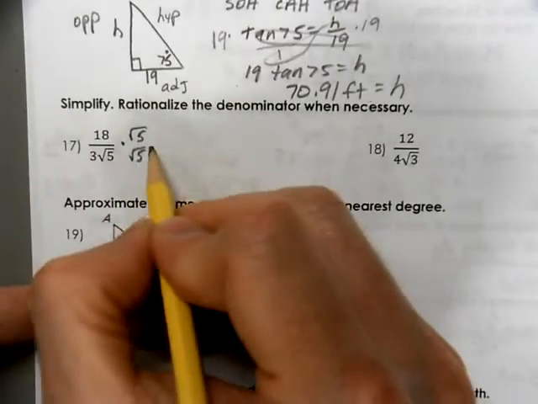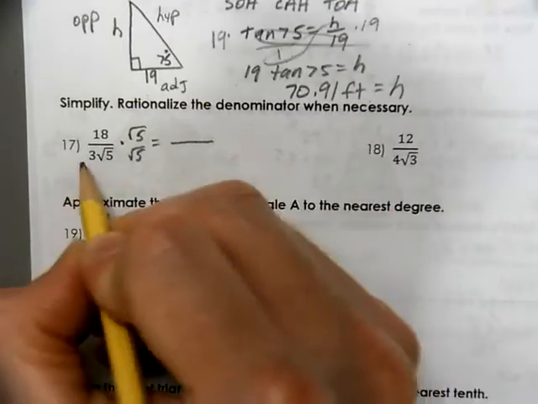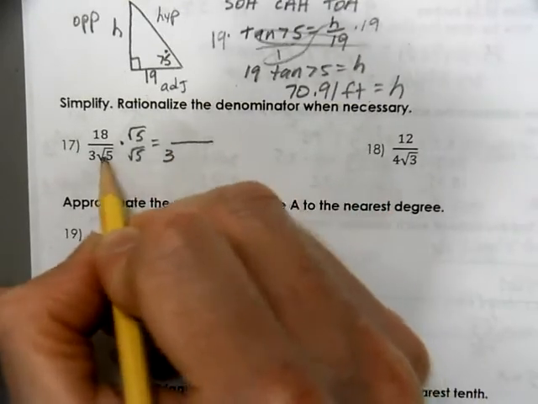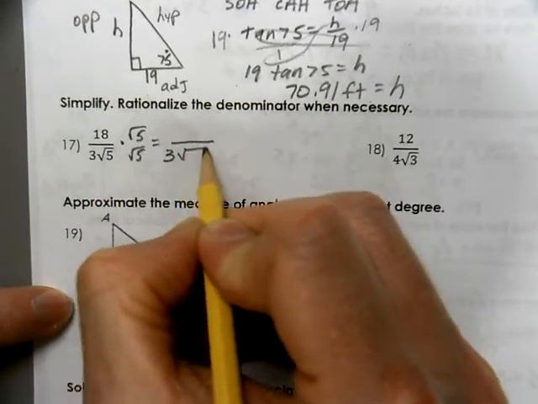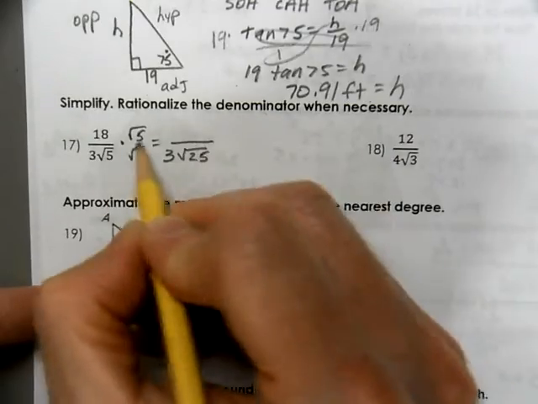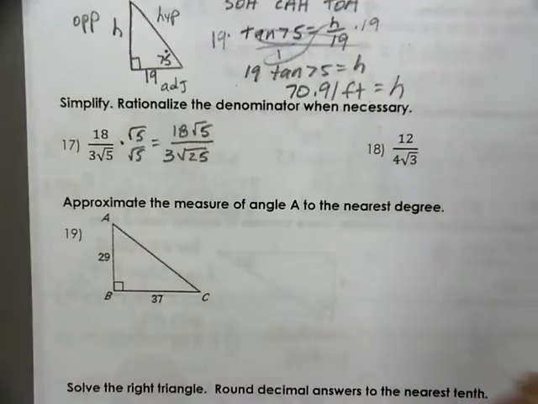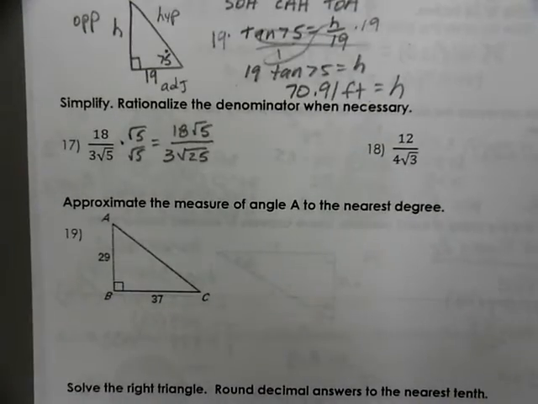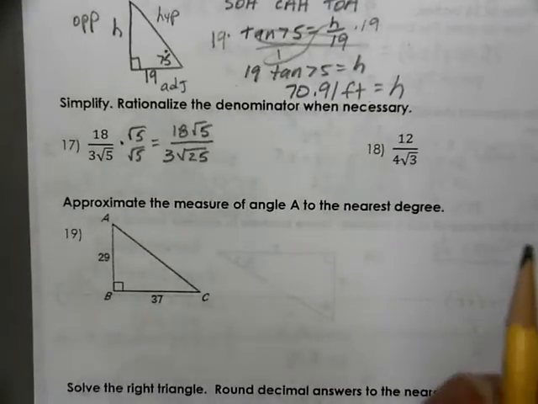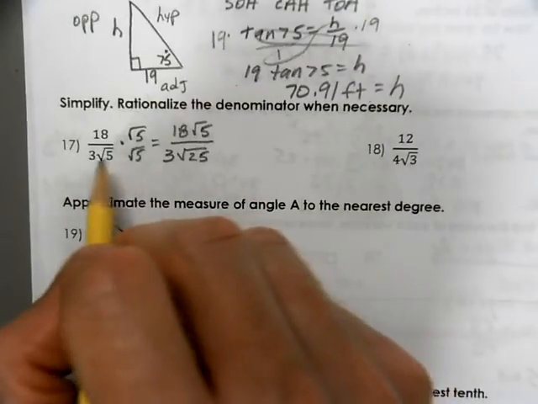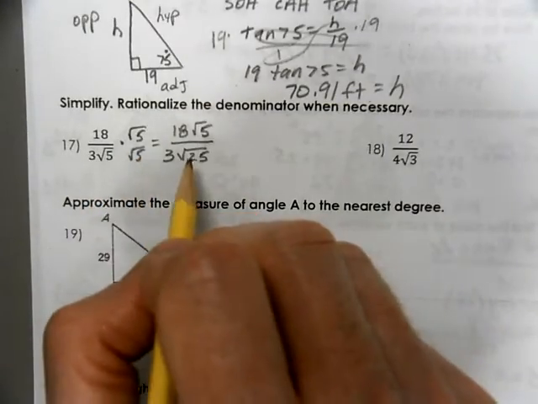The root 5's match. I already have a 3 down there. The root 5, so you get square root of 25. And on top, you just get 18 times the square root of 5. If they're not the same type of number, if they're not both square roots, then you don't multiply the insides with that. But if they are the same type of number, then we can multiply the insides.